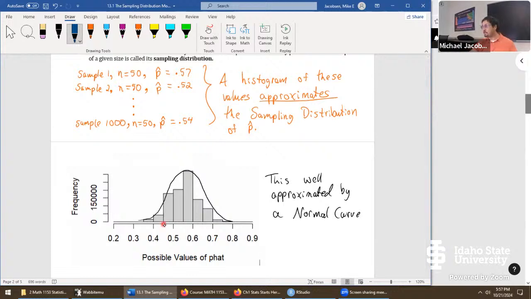This is the approximate sampling distribution, it's a long word, of p-hat. So this collects all the possible values that p-hat could ever be.